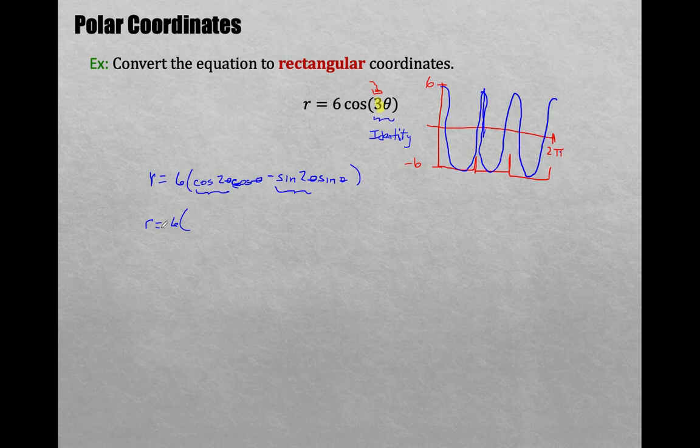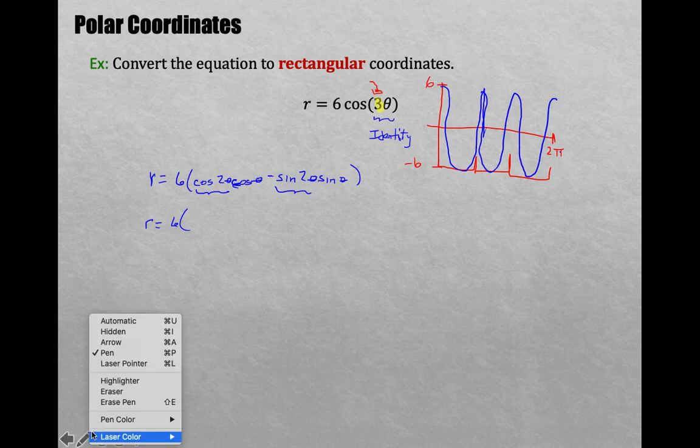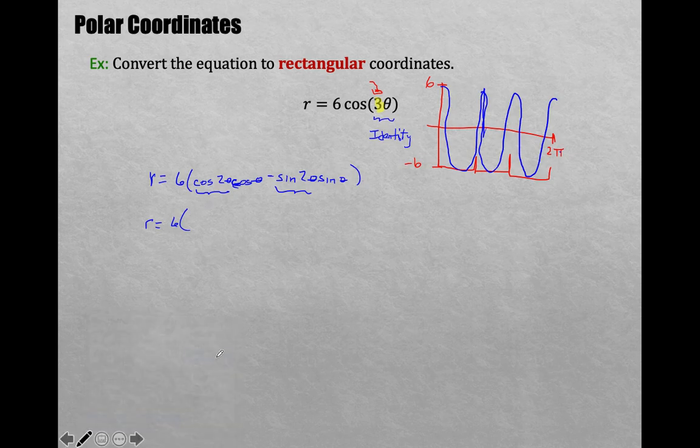Cosine 2 theta, you were responsible for that identity. Now remember, this was the annoying one that had a bunch of different forms. This one, sine 2 theta, was pretty consistent, right?